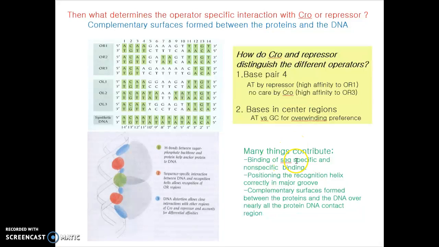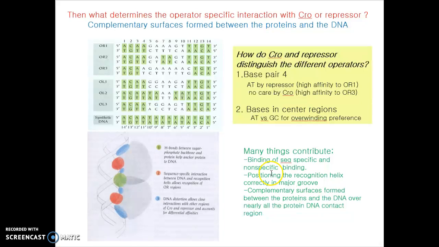The binding of sequence-specific and non-specific binding, as I mentioned, in the red region and middle region with the green color. And also positioning of the recognition helix correctly in the major groove.